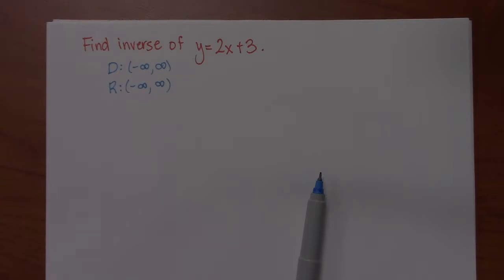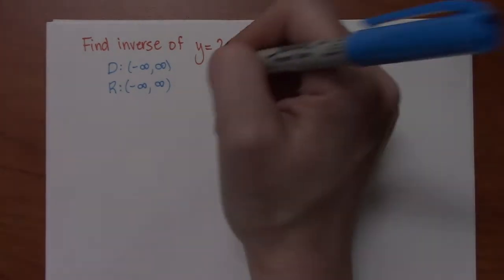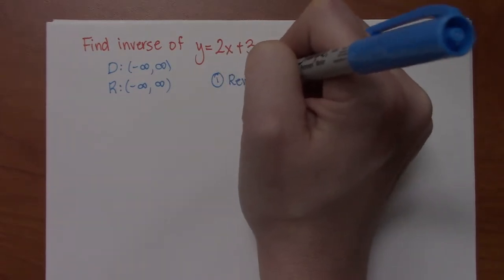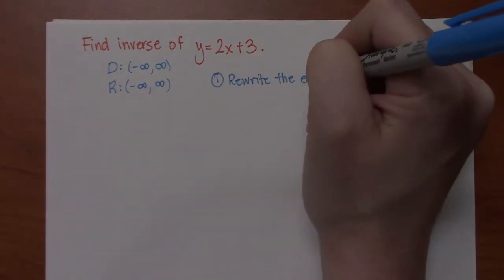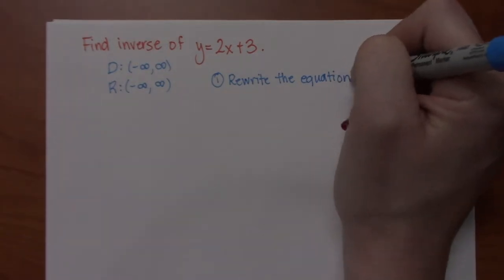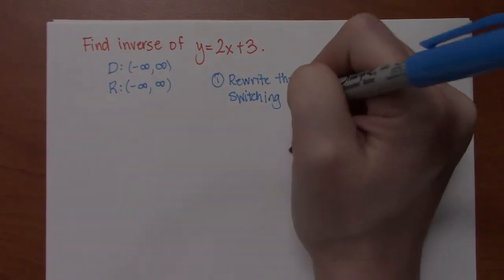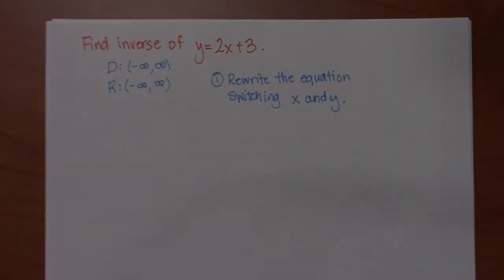So if we tell you that the inverse is the line reflected over the line y equals x, and we said the inverse function allows you to plug in the original outputs to then return the inputs, then algebraically when you want to find an inverse, the very first thing you want to do is rewrite the equation, switching x and y. So you trade all the inputs for outputs and vice versa.